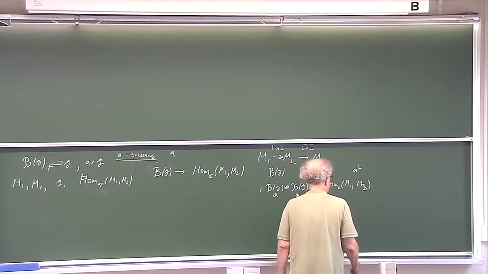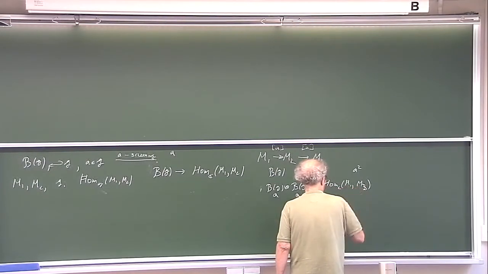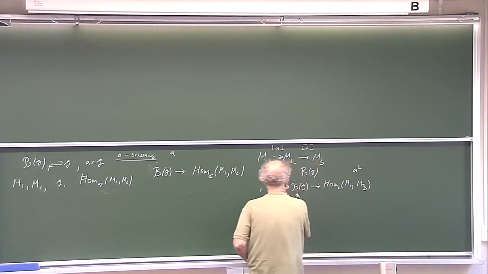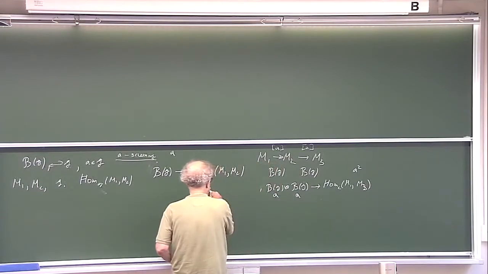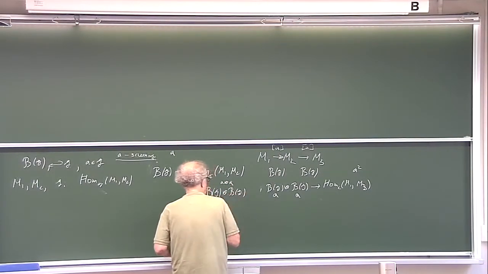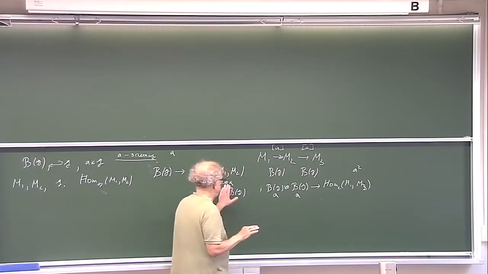If we have such A squared, then I can look at what is going on on this side. So I have Bg times Bg, and here I have the element A times A, and I can consider the bimodule which is generated by this.